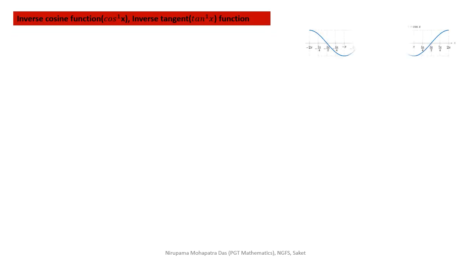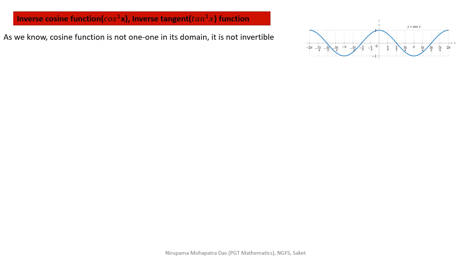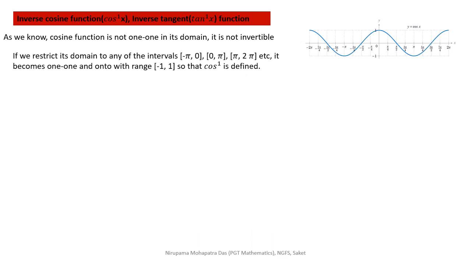Next, come to cos inverse. Here you see again the graph we have discussed a bit. The domain of the cosine function is the set of real numbers. The range is the closed interval minus 1 to 1. So it is not invertible because cos x is also a periodic function of 2 pi, meaning in every 2 pi interval the cosine function will be repeated.